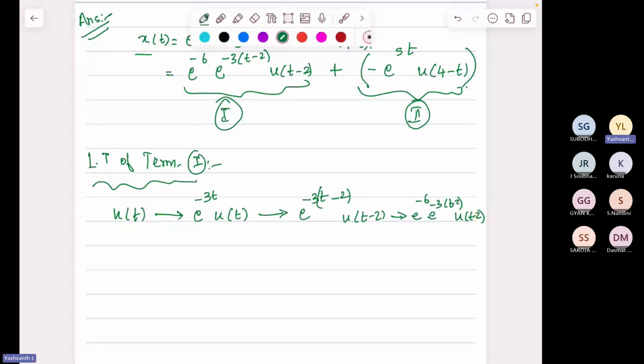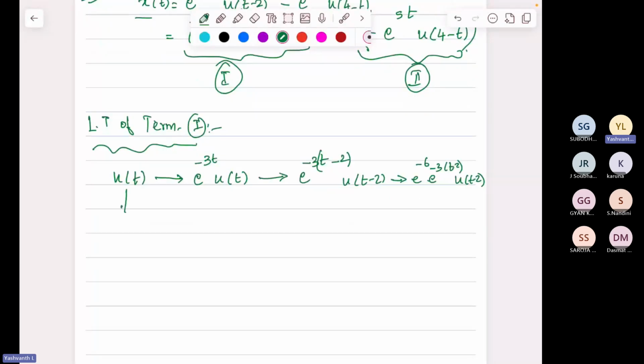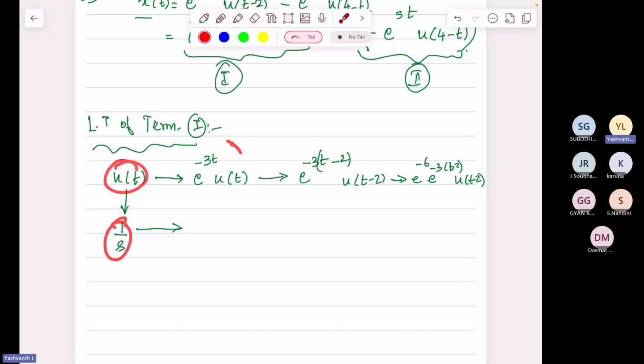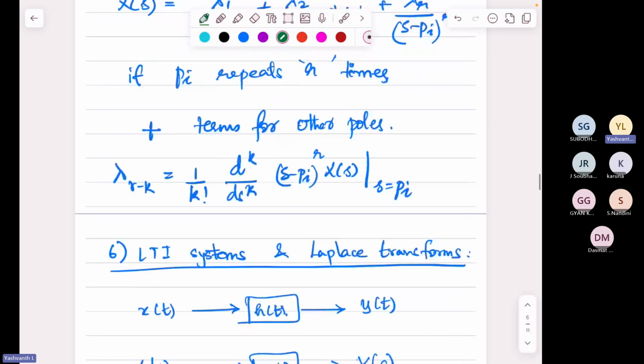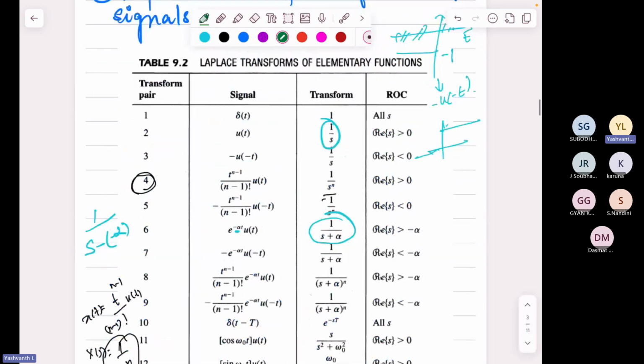Now let's write the corresponding Laplace domain. So u of t has the Laplace transform 1 by s. If u of t has a Laplace transform 1 by s, what is the Laplace transform of e power minus 3t into u of t? Just use the property. Again, we need to practice problems to remember the properties.